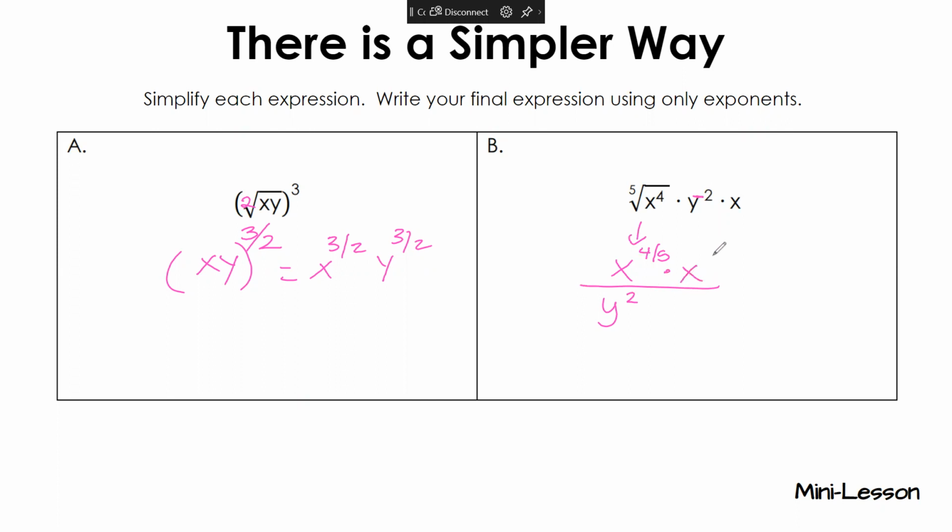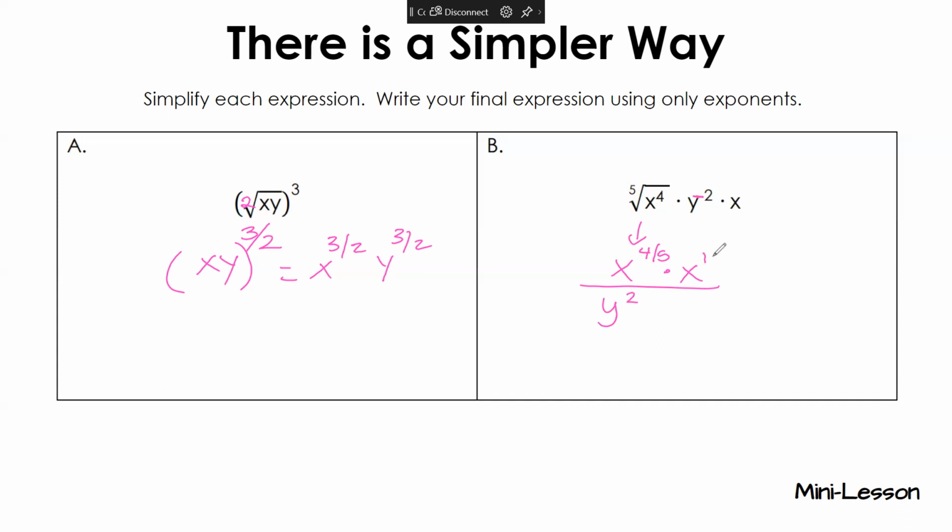Now we know from our exponent rules that if we're multiplying these two things, we can add the exponents. But this guy doesn't have an exponent, or at least they don't have one written. What do we assume this guy is? A 1, good. We can only add exponents if they have the same denominator.